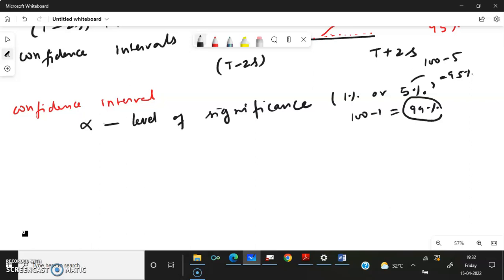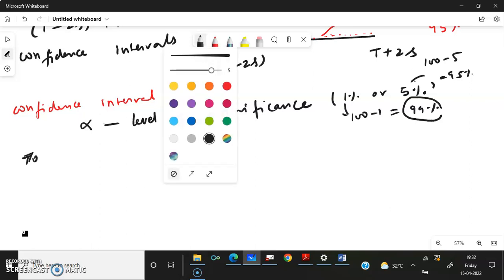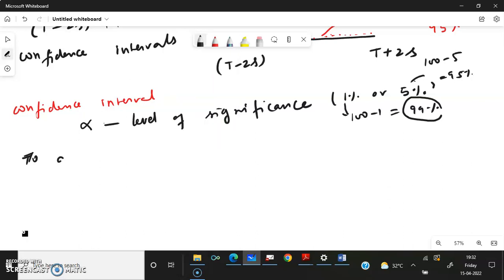Two constants C1 and C2. So that is what we are going to find. Between this C1 and C2, our population parameter lies.